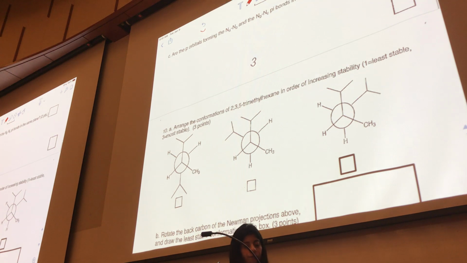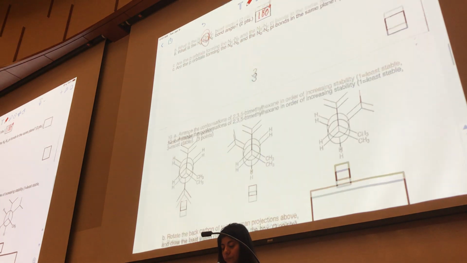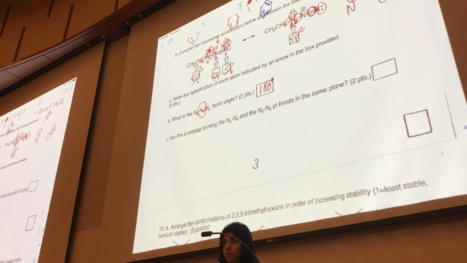Okay, and then for C, are the p orbitals forming the Na, Nb, and the Nb, Nc pi bonds in the same plane? So with these, you could get into all the pi orbitals and how they look on the paper, but that's a lot. I'll try to give just a brief overview.